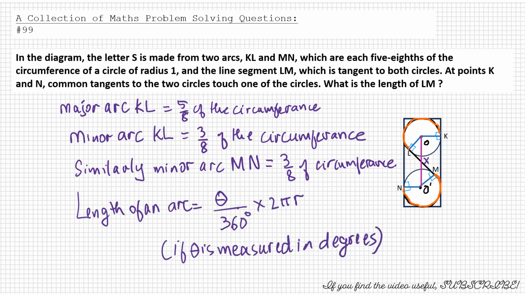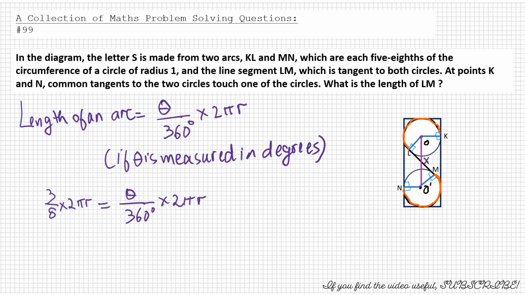Now we know that the length of an arc is theta out of 360 times 2 pi r, if theta is measured in degrees. So we write that 3/8 of 2 pi r is the arc length. We don't put r equals 1 now, it's not needed.